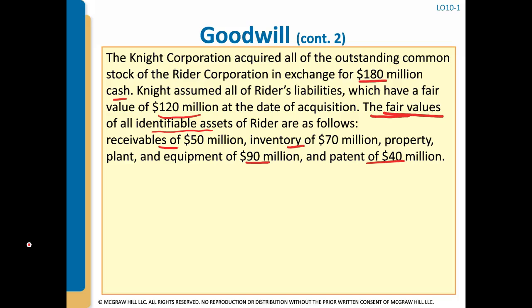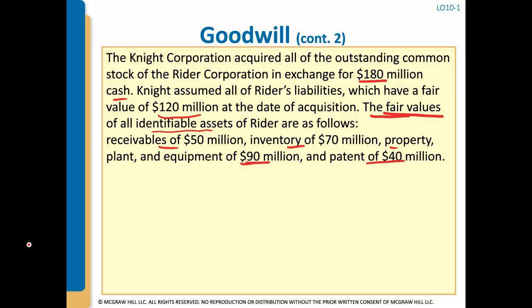So in this example, the property, plant, and equipment had a fair value of $90 million, which might be the fair value at the date of acquisition. When the company acquired the property, plant, and equipment, it might have cost them $200 million, and they could have depreciated, let's just say, $50 million.